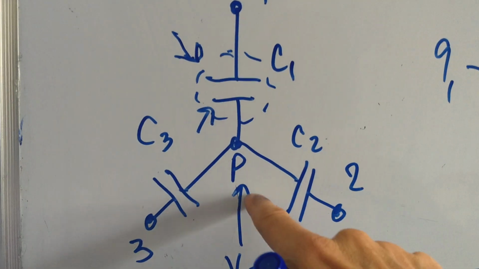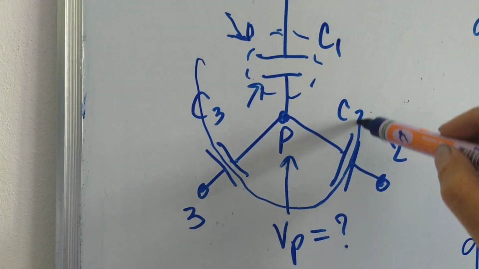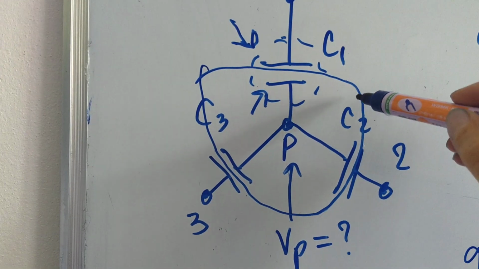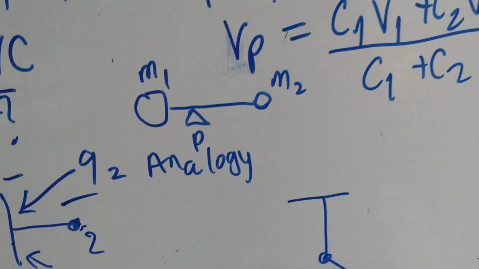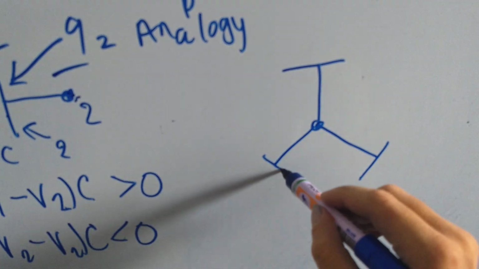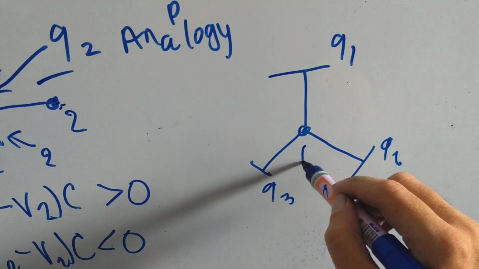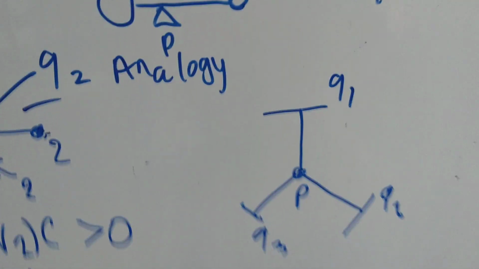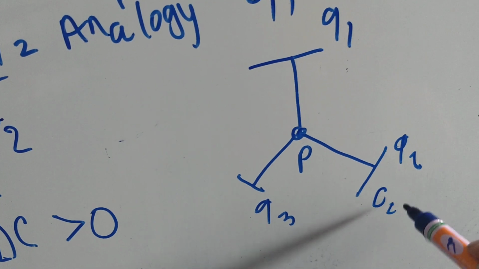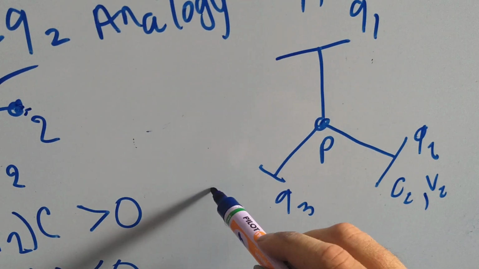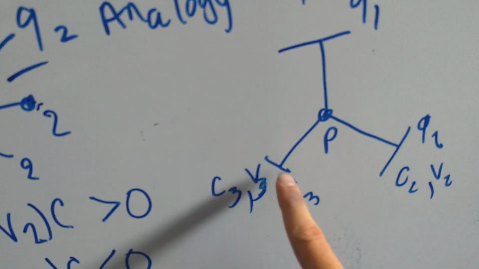So let's now take this problem, and again we're going to isolate these elements of our system in this circle. I'm going to take the stuff out from the center, and this is going to be Q1, Q2, Q3, and my point here in the middle. Capacitor 1 and voltage 1 are up here, capacitor 2 and voltage 2 here, and capacitor 3 and voltage 3 here at terminal 3.